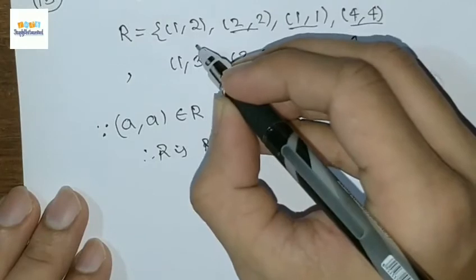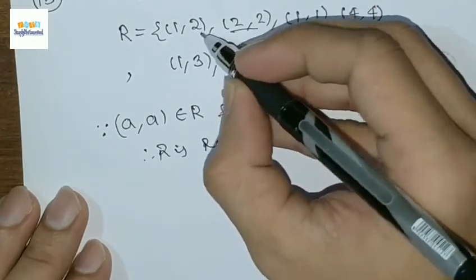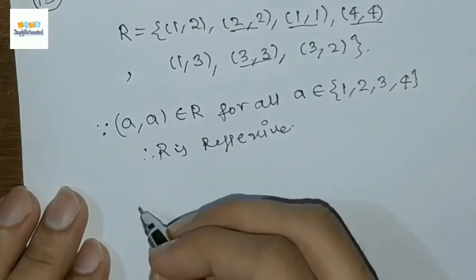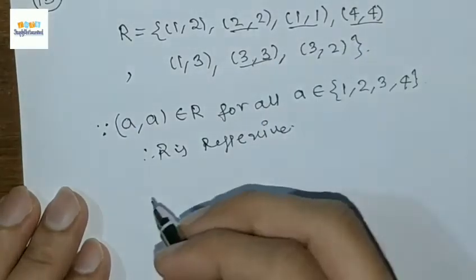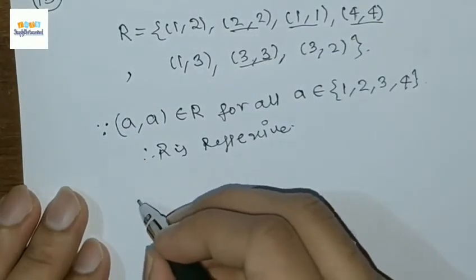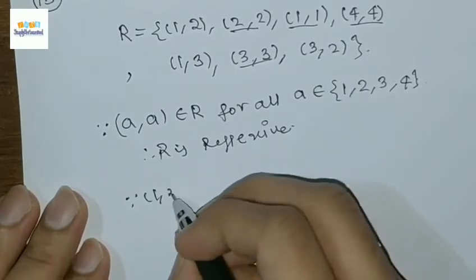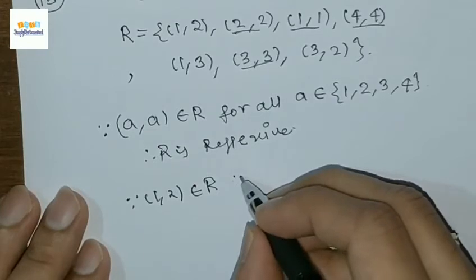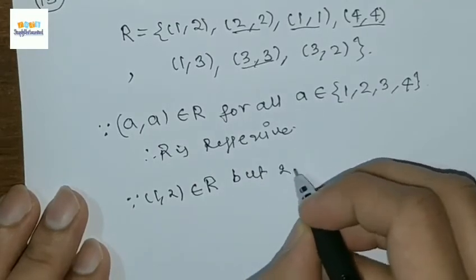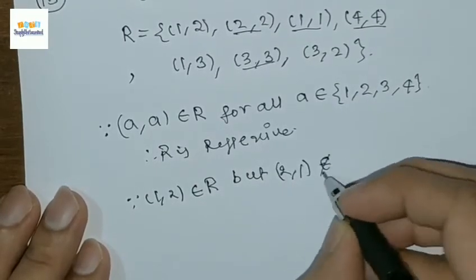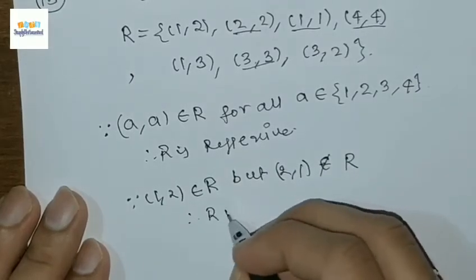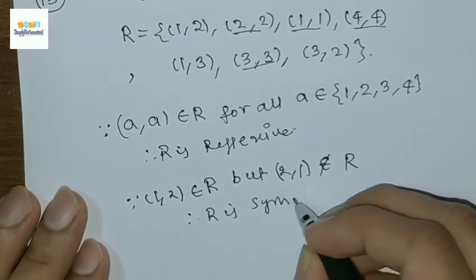You can see that (1, 2) belongs to the set R, but (2, 1) doesn't belong to the set R. So R is not symmetric. Since (1, 2) belongs to the set R, but (2, 1) doesn't belong to the set R, therefore R is not symmetric.